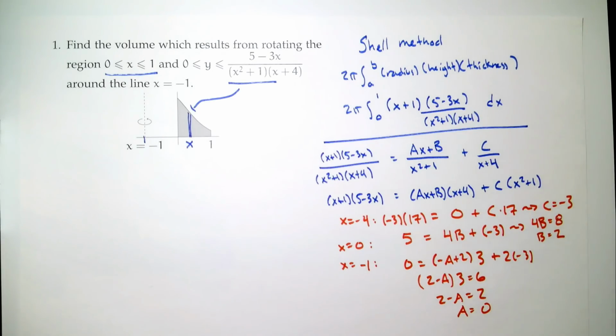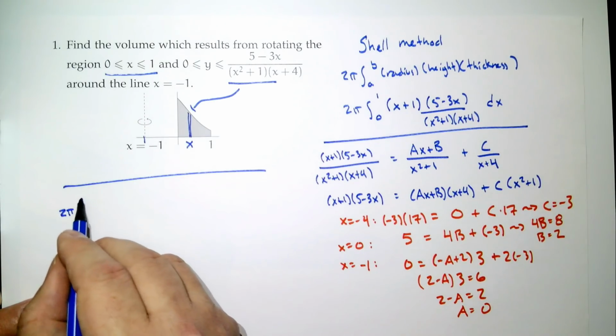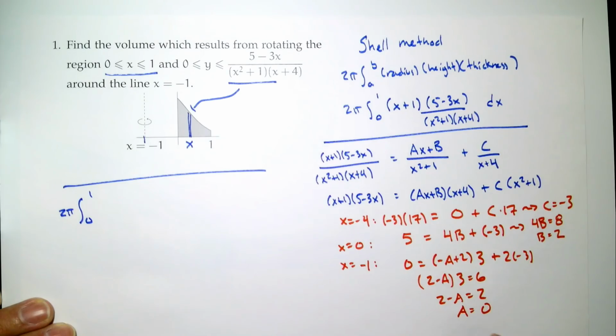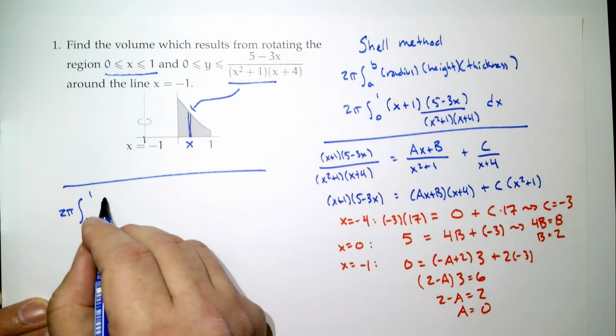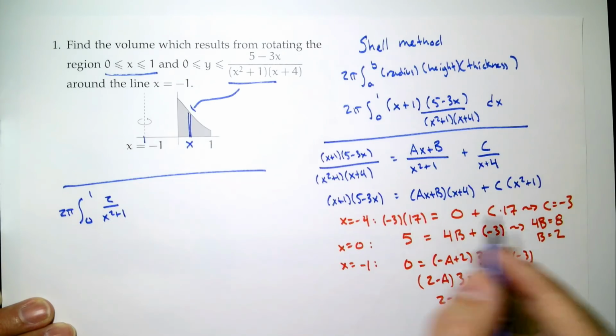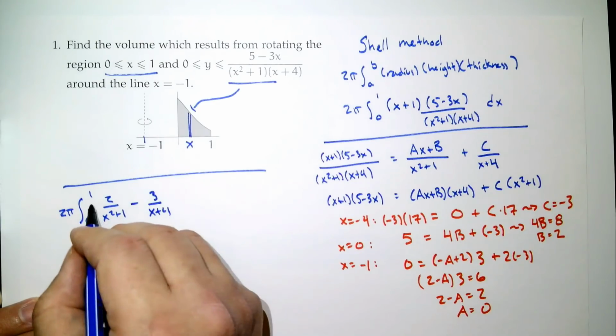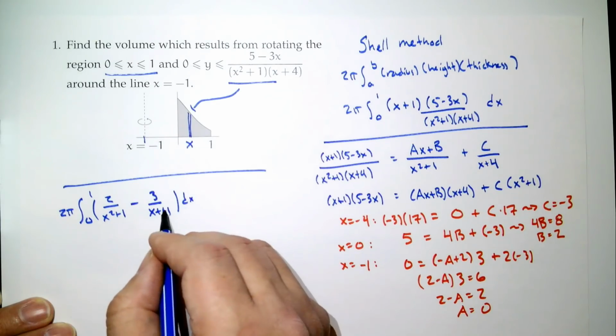So our integral becomes 2 pi, integral 0 to 1, of 0x plus b, which becomes 2 over x squared plus 1, plus c, which is minus 3 over x plus 4, dx.